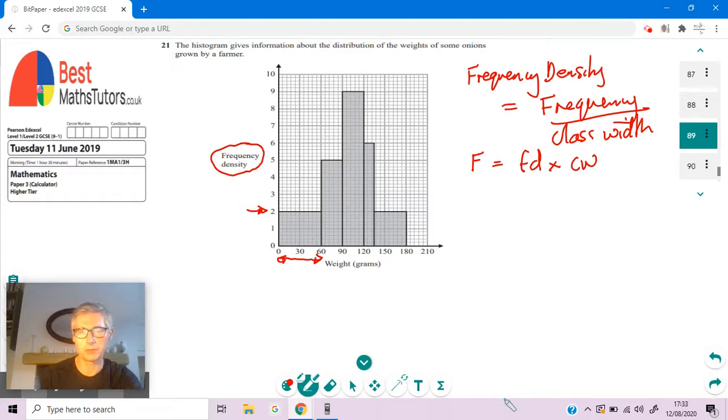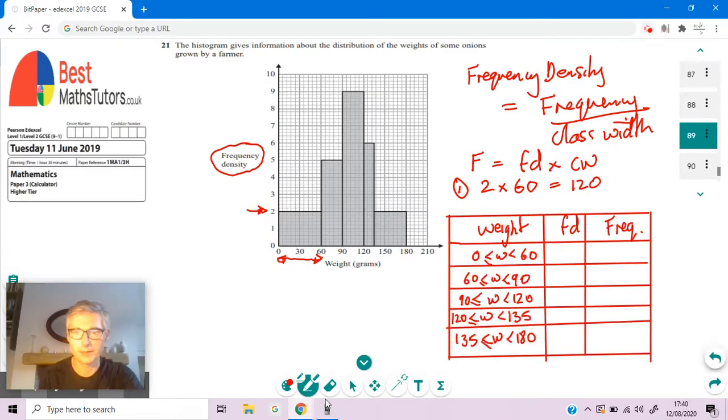So in this first group, we would say what's 2 times by 60, the class width. So the frequency in group 1 is given by 2 frequency density times by the class width, 60. So we can see that would be 120 there.